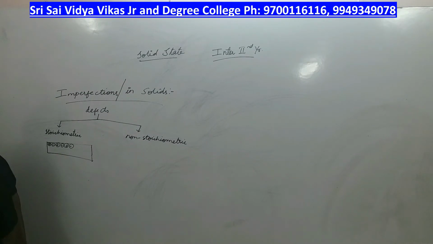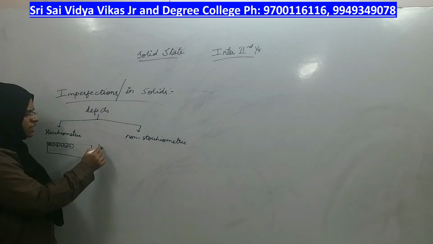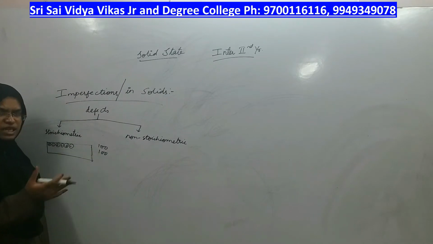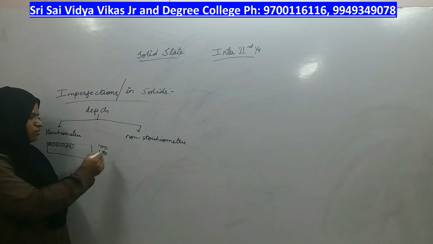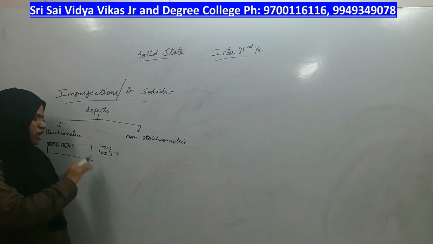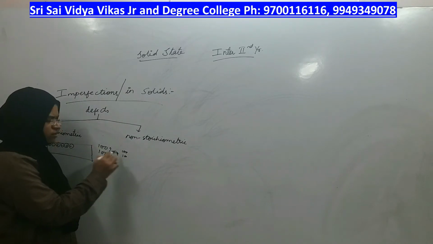if cations and anions are present equally before the defect, their quantities are the same as after the defect, right? Suppose before the defect there are 100 cations in the lattice and 100 anions. Even after the defect, if their ratio is the same, I am not saying that after the defect the numbers remain 100 and 100 only.